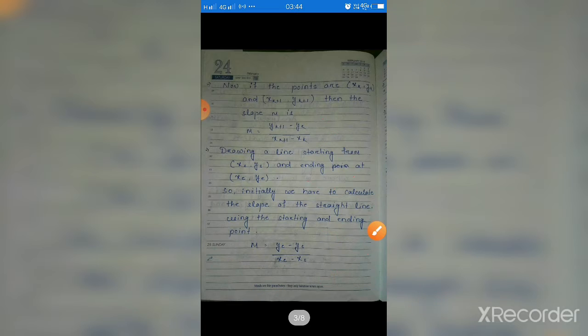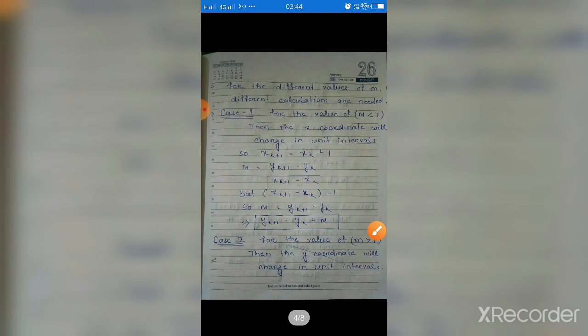After that, for different values of m, different calculations are needed. Here are three cases: either the slope is greater than 1, or less than 1, or equal to 1.